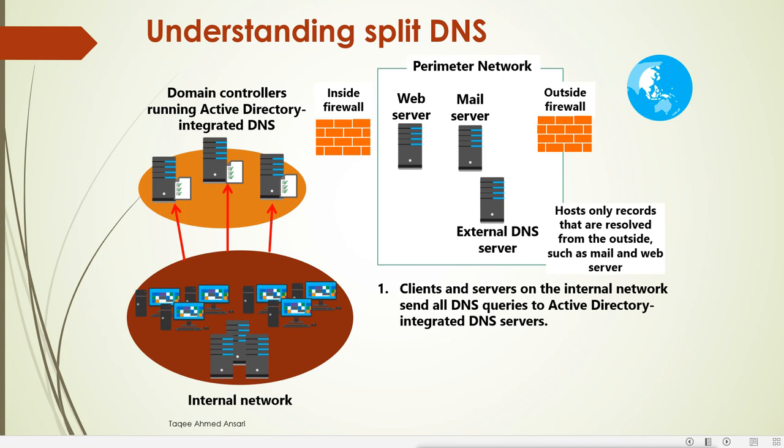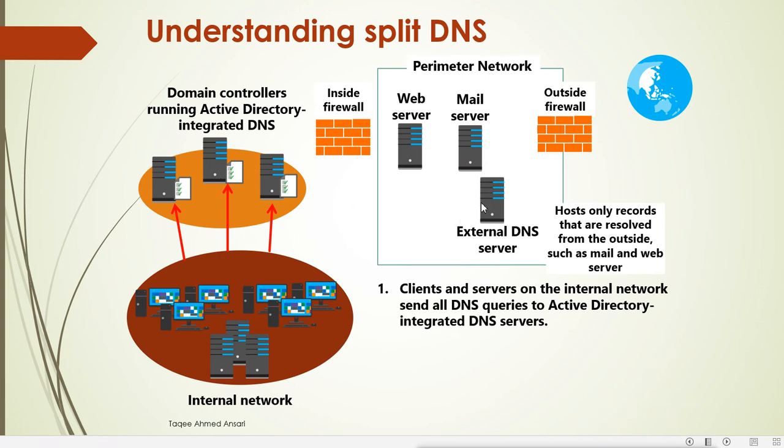Now we can configure the policy on firewalls that it will only allow some specific queries. By doing this, we are creating the split DNS. Split DNS means the DNS for the internal network and the DNS for the external network.